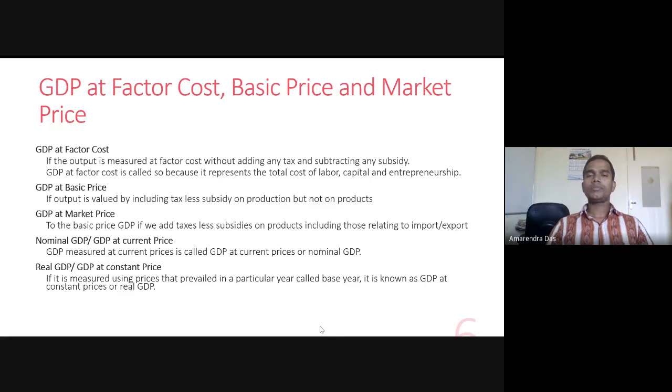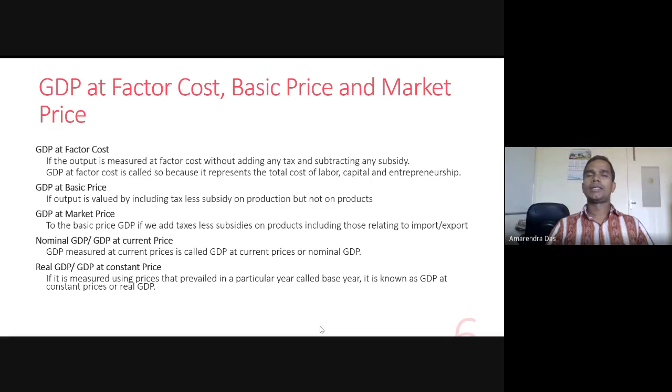For example, suppose we are producing cloth. If you take the value of all the cloth that is produced at factory level, then that will be called GDP at factor cost. Then the union government imposes a production tax, or union GST, on the cloth, and the cloth doesn't receive any subsidy. Then if you take the factor cost plus the production tax, it will be GDP at basic price.